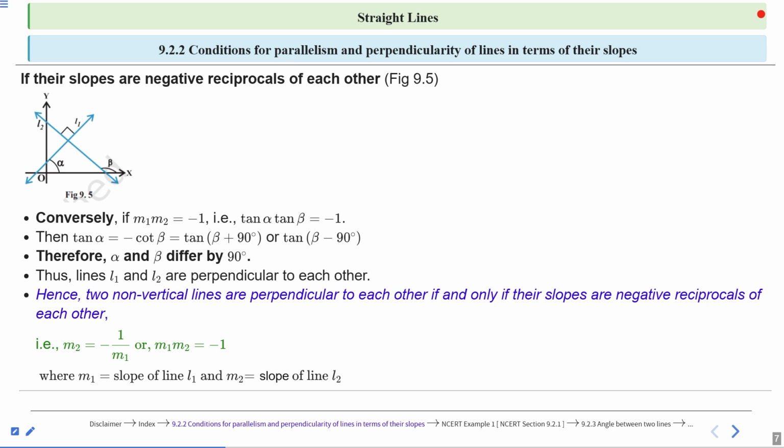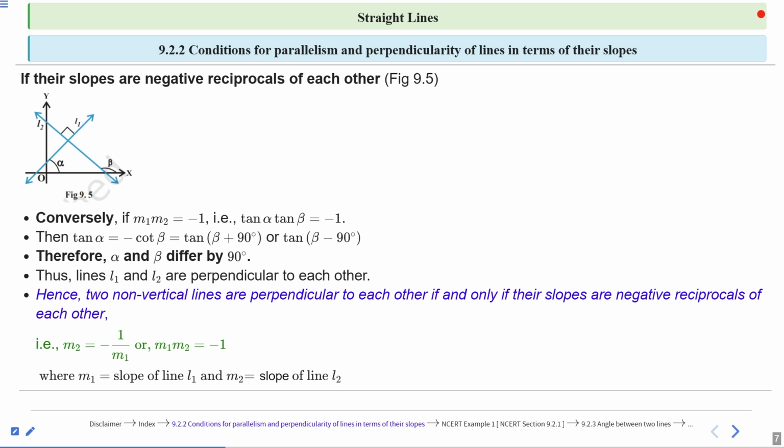You should keep this statement in mind: two non-vertical lines are perpendicular to each other if and only if their slopes are negative reciprocals of each other, that means m1 into m2 is equal to -1.